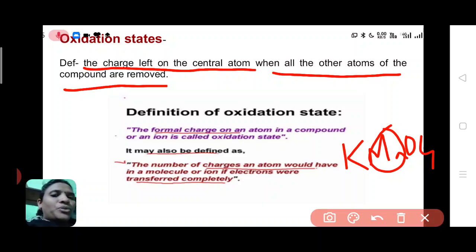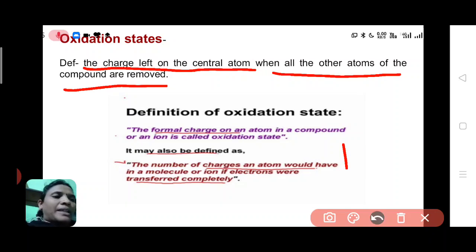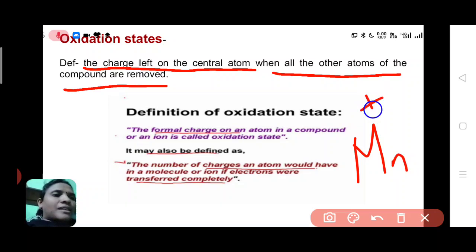If we want to know the oxidation state of manganese in KMnO4, we have to remove the potassium and the 4 oxygen. After removing them, we get a charge on Mn, and the charge is +7. So this +7 is the oxidation state.